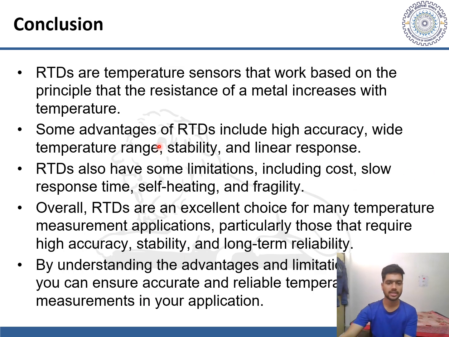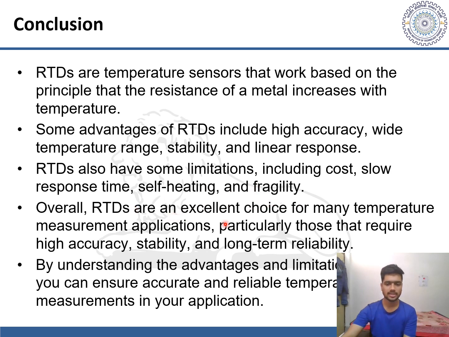I will conclude by saying that RTDs are highly accurate with a wide temperature range and wide compatibility, so they are the ideal choice for temperature measurement. They are based on the principle that the resistance of a metal increases with increasing temperature. They also have some limitations such as cost, slow response time, self-heating, and fragility.